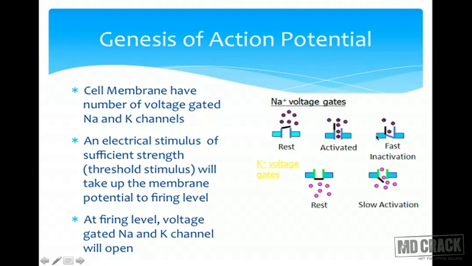So opening and closing of these gates is controlled by the membrane potential. For the sodium voltage gated channels, we can call this the activation gate. Whereas the one which will close down and ultimately stop the influx of the sodium ion will be called the inactivation gate. So the sodium channels have the activation gate and the inactivation gate.